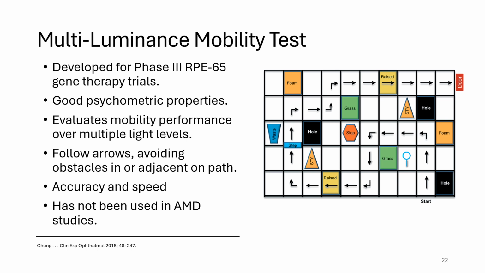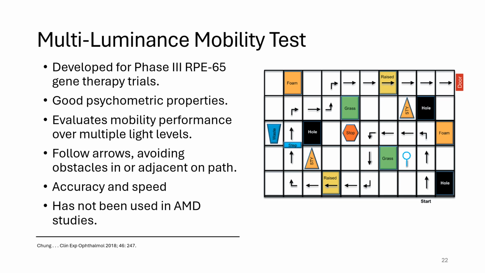Patients enter the maze, and they go through it from start to finish. They followed the arrows, as indicated in the diagram, and avoided obstacles in the path or obstacles that were adjacent to the path. An interesting feature of this test is that it could be performed at multiple luminance levels.